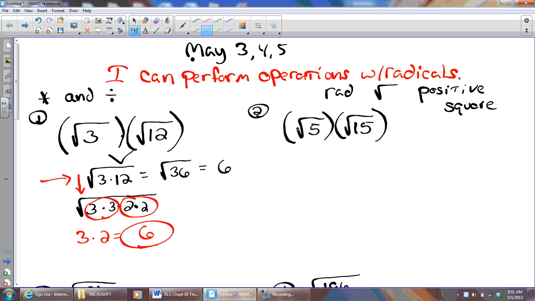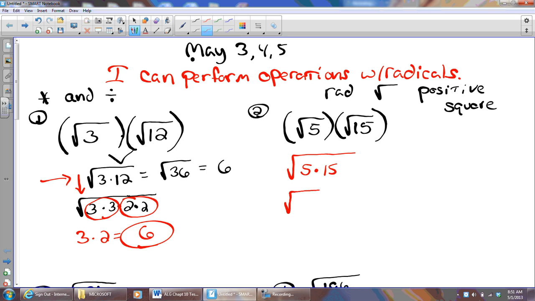Let's check out problem number 2 here. It's rad 5 times rad 15. Well, that, of course, is the same as rad of 5 times 15. This is going to be one where I'm not going to just multiply 5 times 15 because it ends up being 75, and I don't know the square root of 75 off the top of my head. I can estimate it, but it's actually an irrational number.